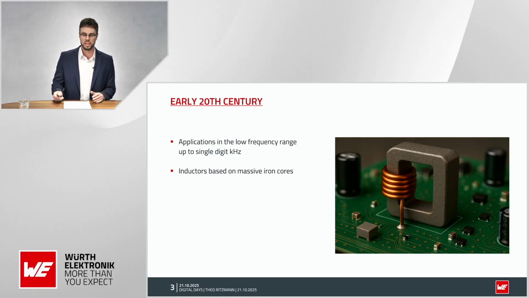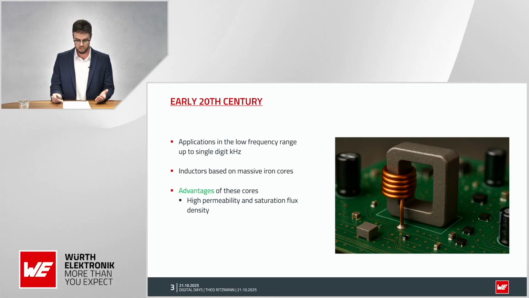Here on the right side, you can see how a product like this could have looked. The benefit of iron is that it is a really high permeable material, and also the saturation flux density is really high. So with these products, you could achieve very high current capability and high inductance values. This was the main benefit.